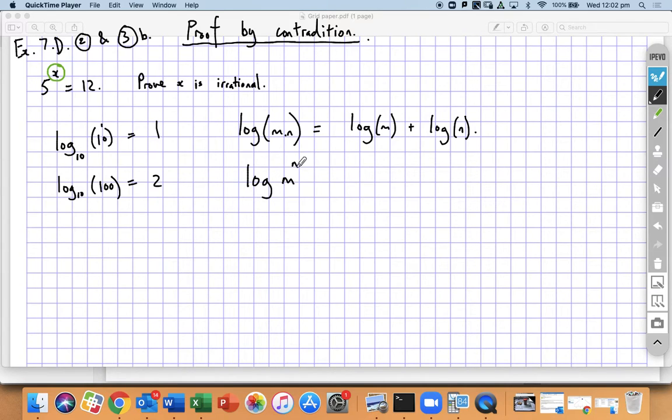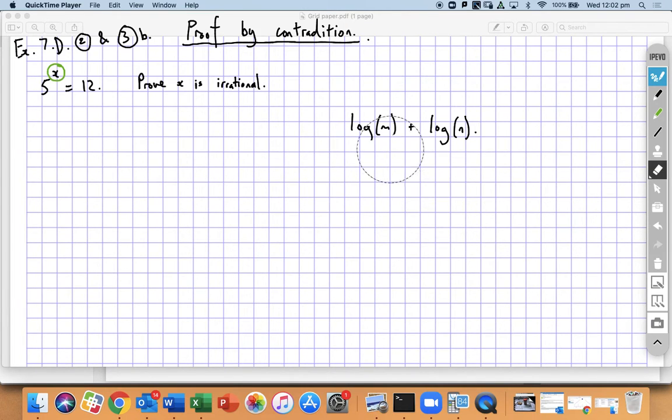If I had the log raised to some power, it is the same as this statement. So we're not doing a course on logs, but eventually, hopefully, you'll become fairly familiar with them, right? And they will come up in year 11 again, and in year 12 methods as well.